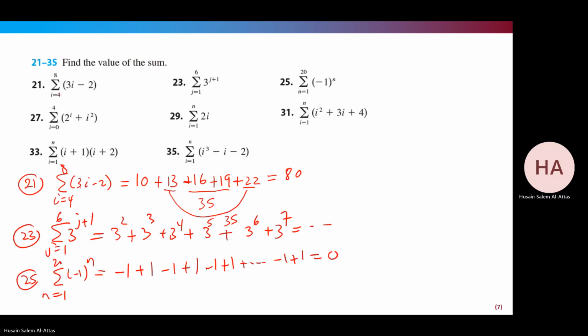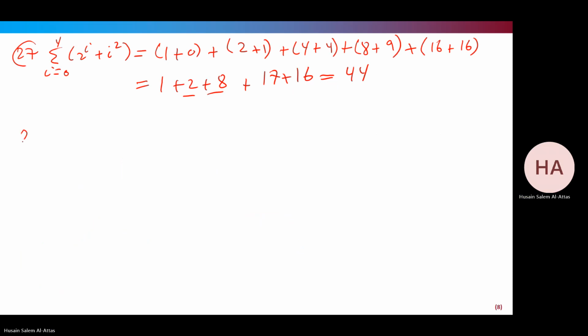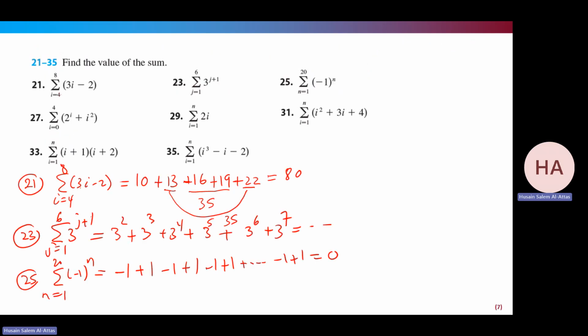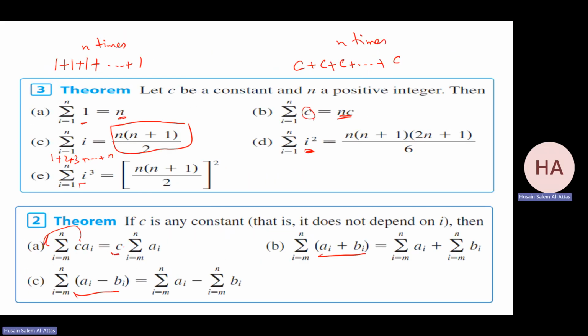Okay. Now it comes to the problem where I need these formulas. Okay, 29. Summation i equals 1 to n of 2i. I can take the 2 outside, since I have the constant, I can take it outside.